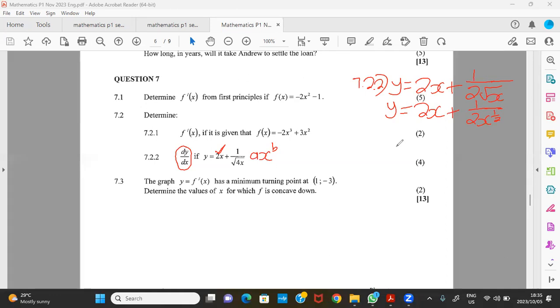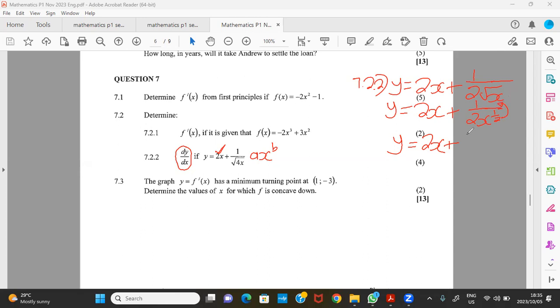Then now we are going to have y is equal to 2x plus. Look at this properly. We are going to take this x to the power of half and put it back to my numerator.